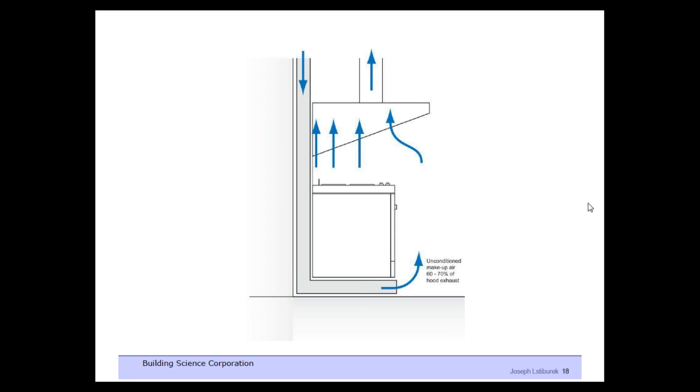We're going to want high capture efficiency. We're going to need flow rates that are probably between 100 and 200 CFM, and that's going to require interlocked makeup air. If you're going to do interlocked makeup air, it needs to be introduced at the bottom of the cooking surface.